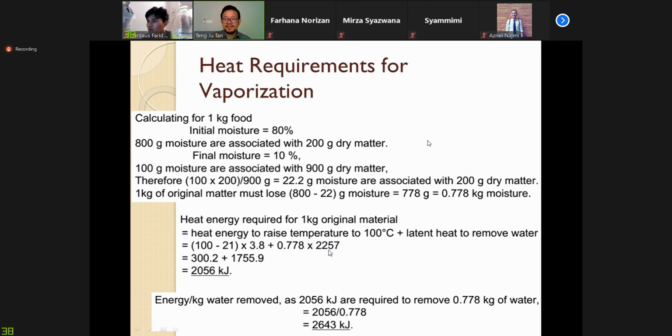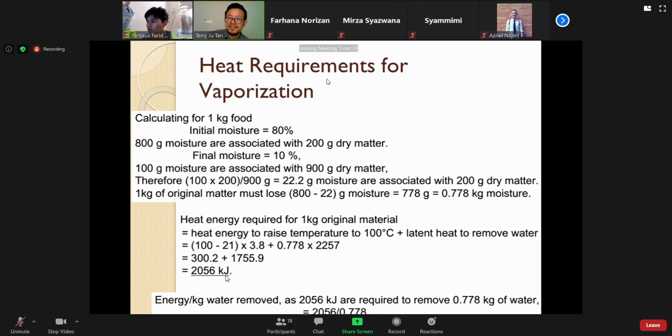Adding the two together, for 1 kg of original material, the heat energy required is 2056 kilojoules. Firdaus, clear?